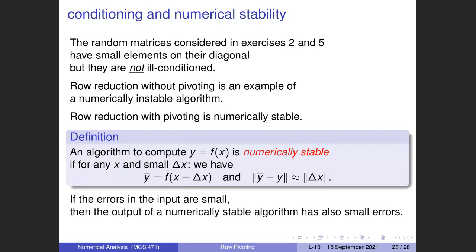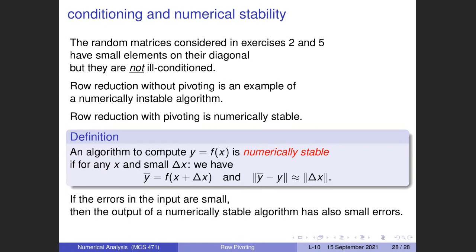But the question of stability is only meaningful if you work on a well-conditioned problem. You will see huge accumulation of round off, or very inaccurate results, if we work with ill-conditioned matrices. That was the conclusion of lecture 9.